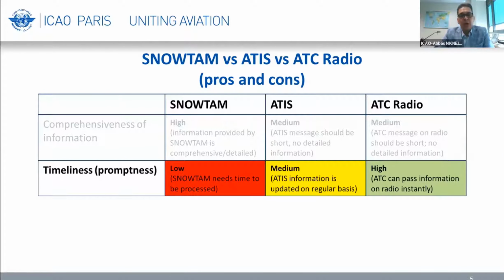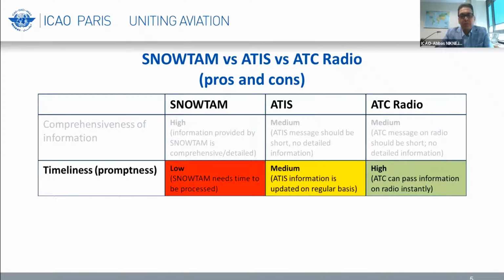In terms of timeliness, in order to process a Snowtam, there is sometimes a need to receive the information, then process it and send it, and then when it's received by the aircraft operator, they need time to process the information. So it's not as timely as the information promulgated by ATC radio, for instance.